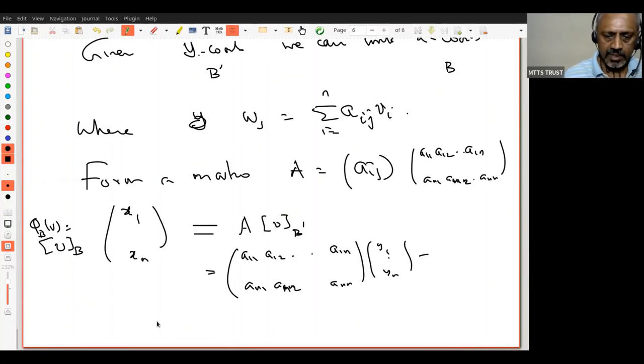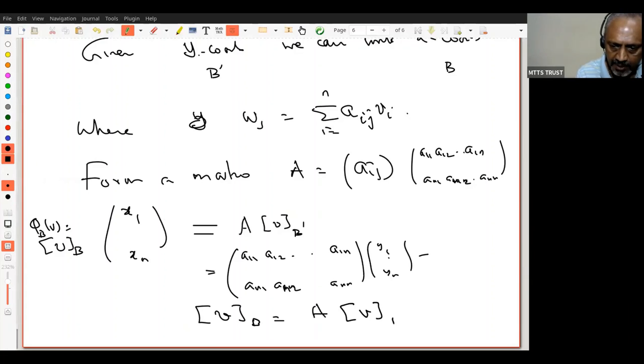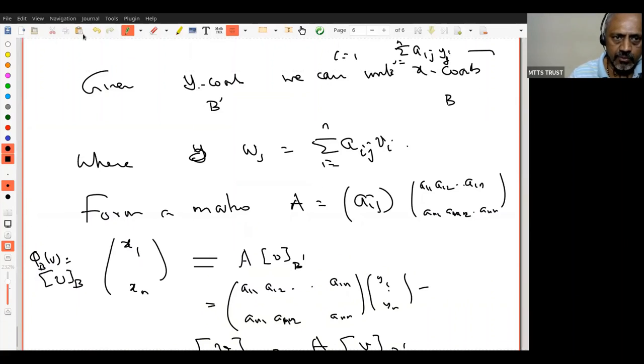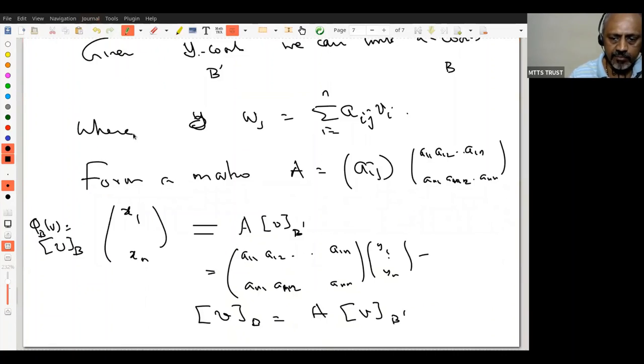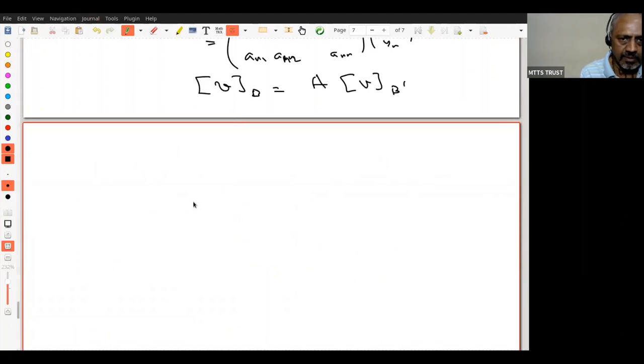So let me write it in a shortened notation because we will use it later. Therefore, v_B is A v_B dash. You should notice that these are the coordinates of v with respect to the basis B, and these are the coordinates of v with respect to the basis B dash, where A we know. What is A? We will give it a name. A is called the transition matrix.